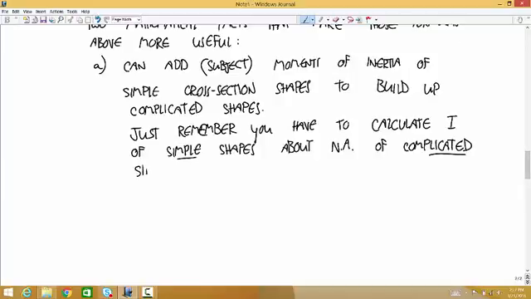Okay, so how do you do that? That's the second fact that makes these more useful, is that these follow the parallel axis theorem.